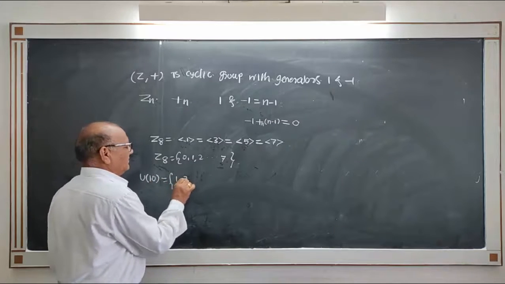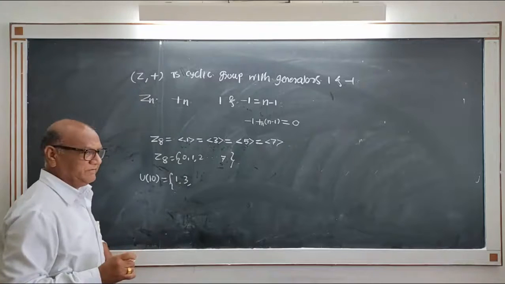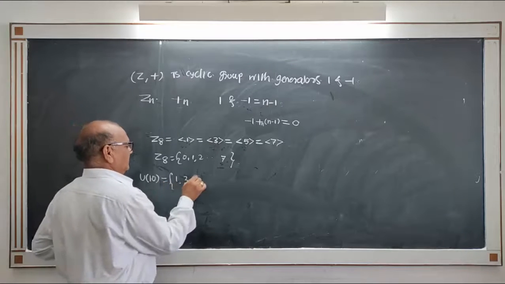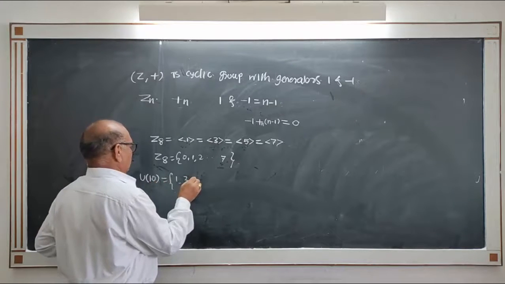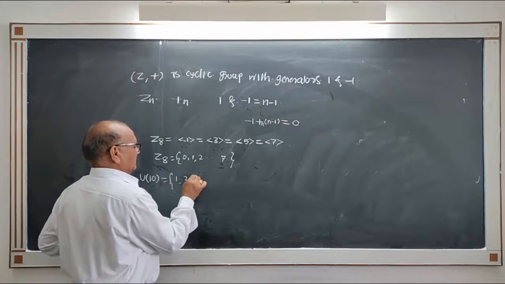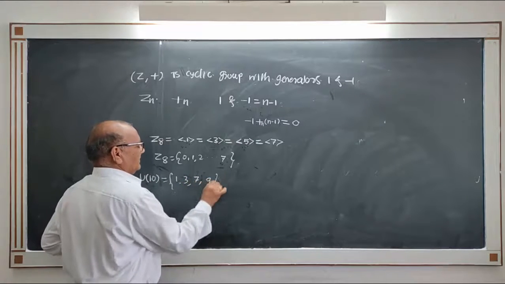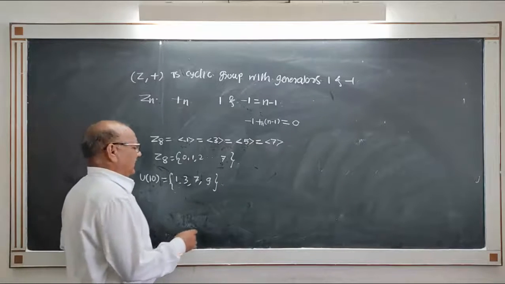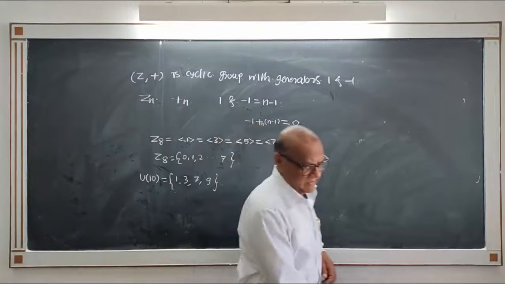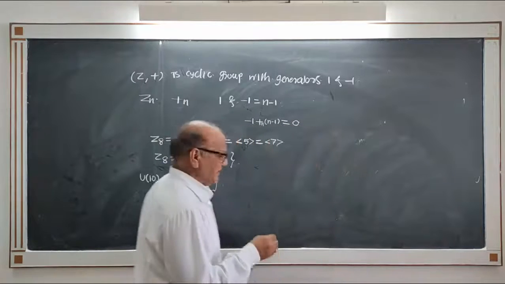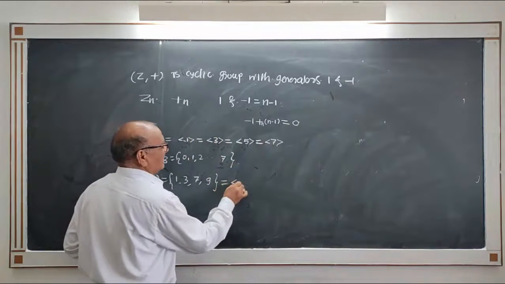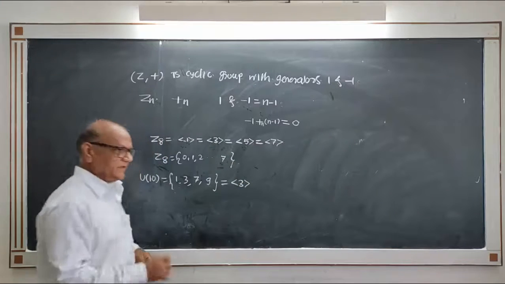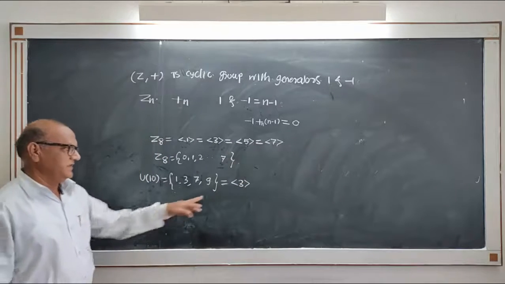Here 1, 3, 7, 9. And this is generated by 3. This is generated by 3.